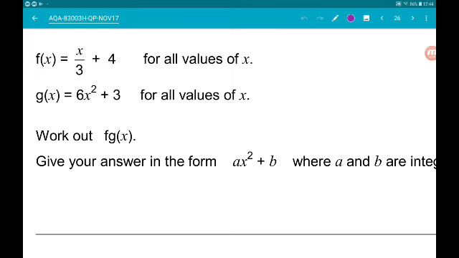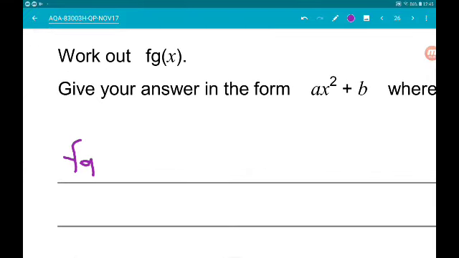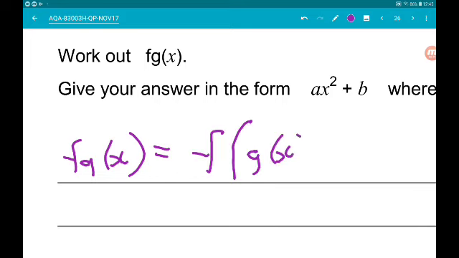We want to work out fg of x, giving our answer in the form ax squared add b, where a and b are integers. Okay, so fg of x means f of g of x.